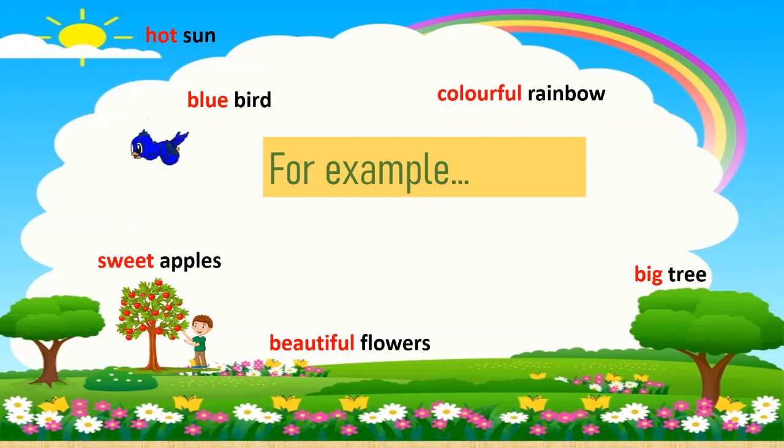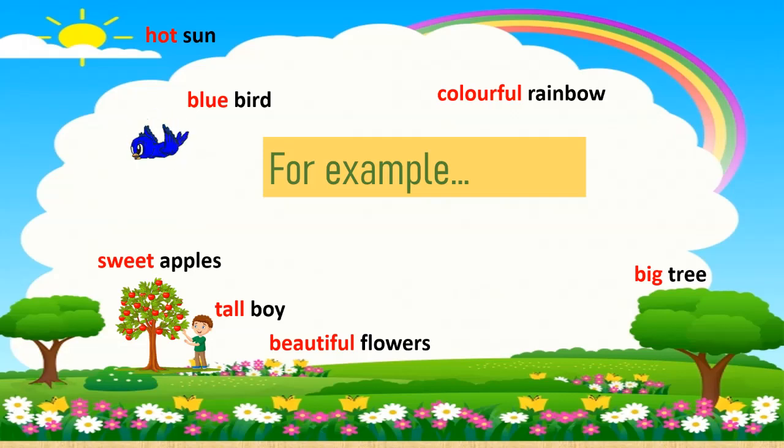Oh, sweet apples. Which one is the adjective over here, children? Excellent. It is sweet. And the boy, is he tall or short? He's a tall boy. So what is the describing word over here?